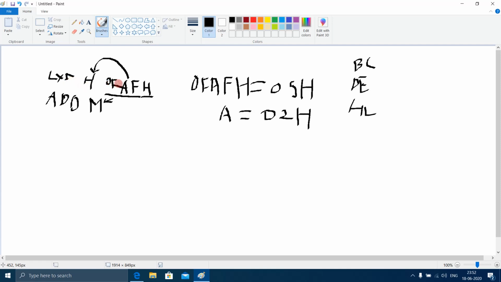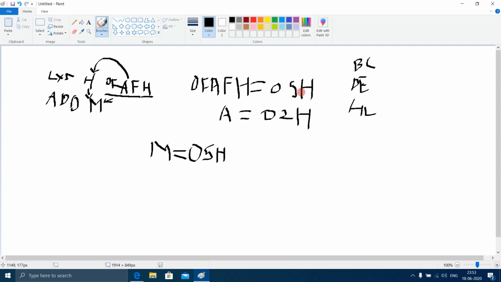Also, this 0FAF is stored in the HL register pair, and the HL register pair points to the memory M. So in M, indirectly, what is stored? 05, because at location 0FAFH, 05H is stored.